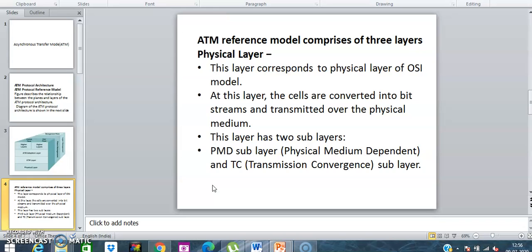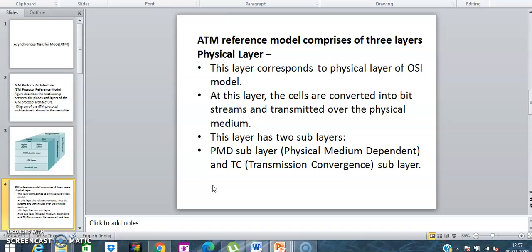Apart from this, the physical layer has 4 functions. First, to convert bits into cells. Second, tracking of cell boundaries. Third, transmission and reception of bits on the physical medium. And fourth, packaging of cells into frames.